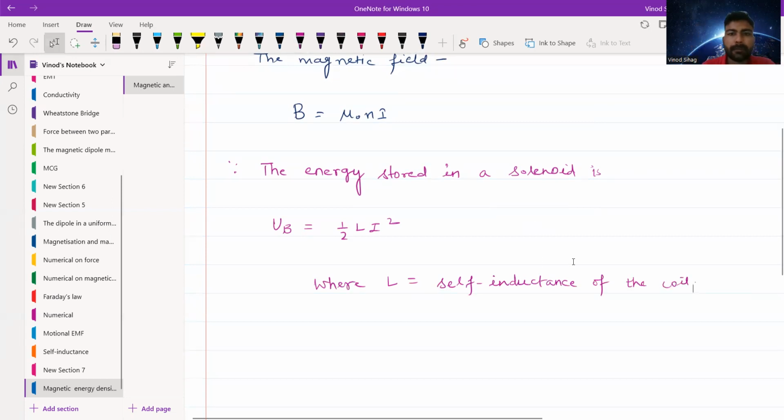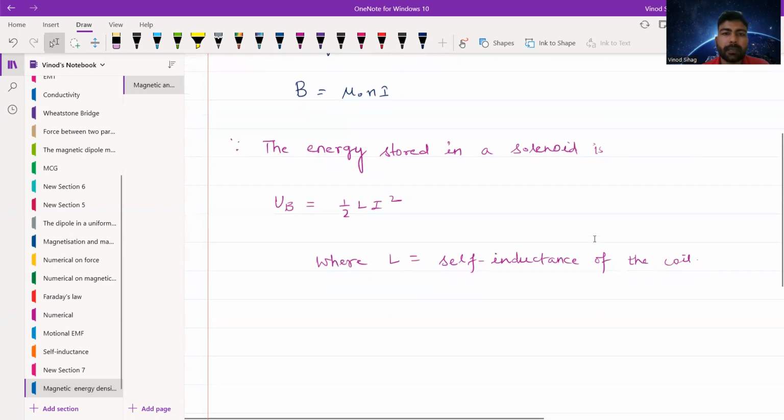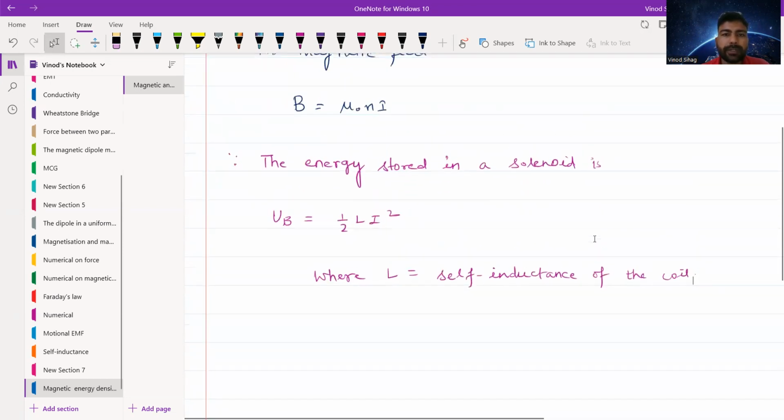Now we are going to substitute the expression of current I from the magnetic field expression of a solenoid, that is B equals mu naught n I. Let me denote it as equation number one.